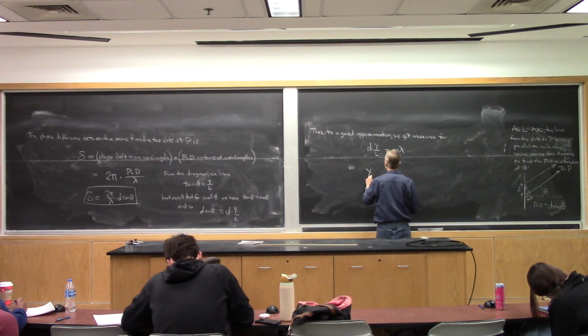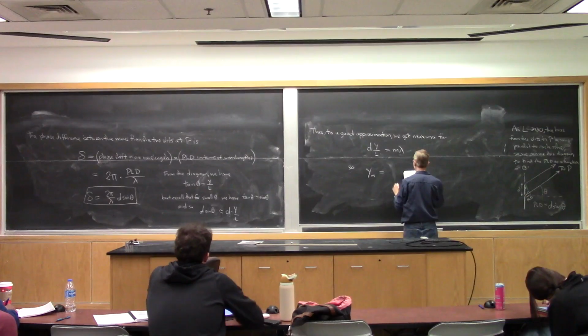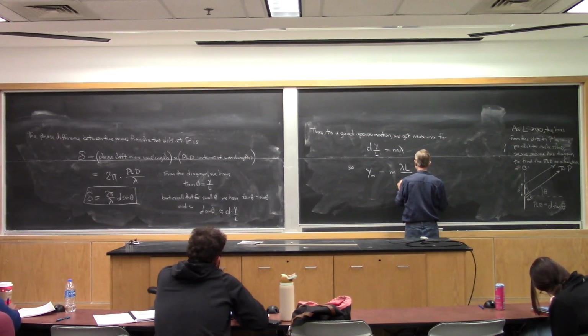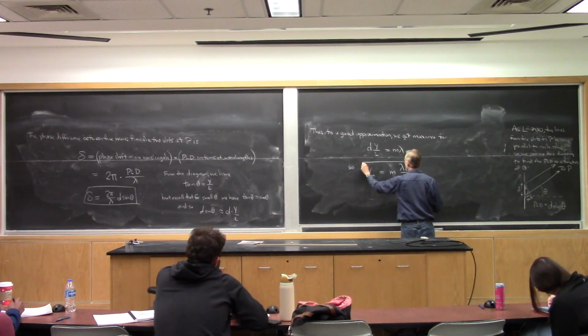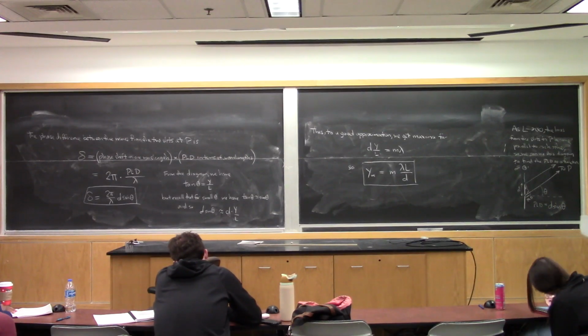So y sub m, the location of the mth maximum, is m times lambda L over d. That'd be our prediction of where the maxima are on the screen.